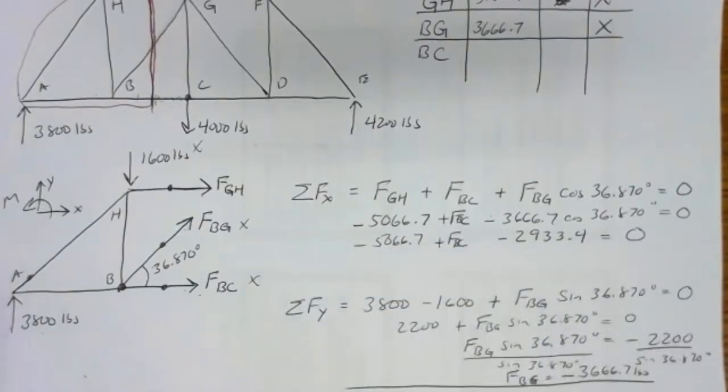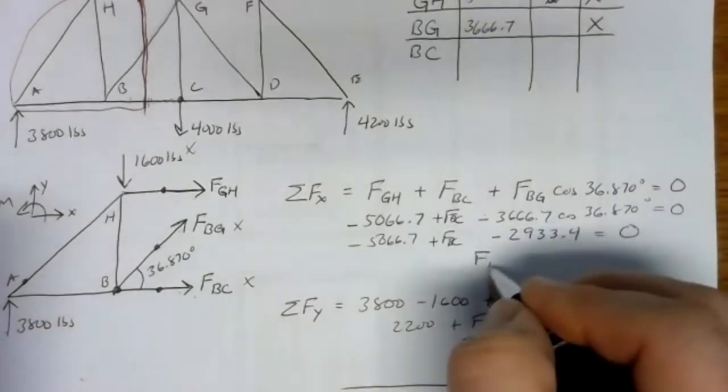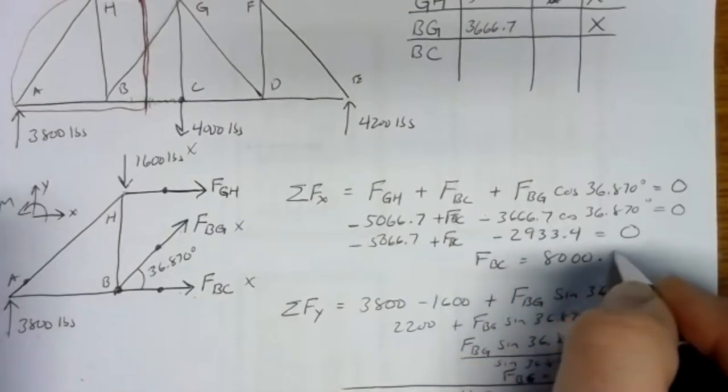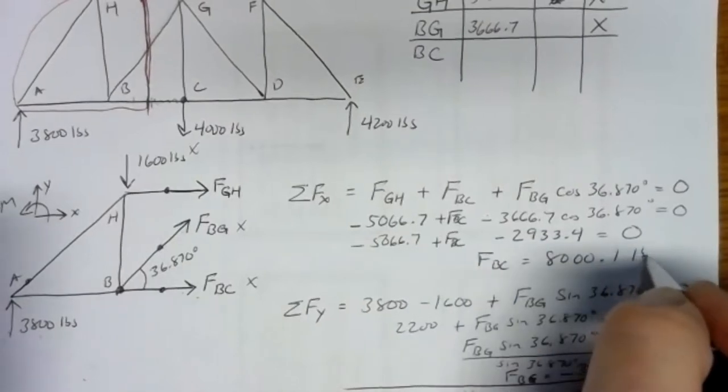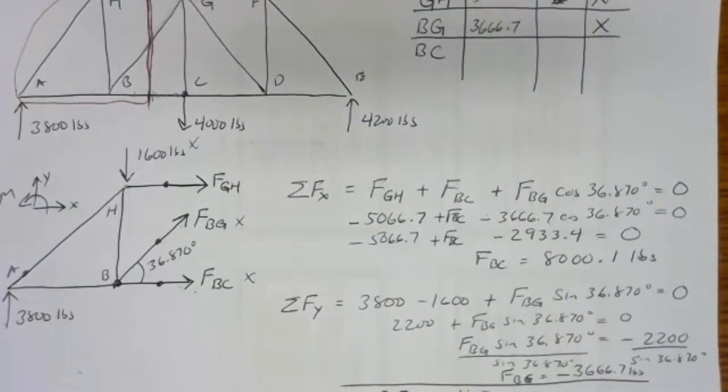So combining the numbers together and adding them to the other side, we've got 5,066.7 and 2,933.4. That gives us FBC carrying 8,000.1 pounds. Now that one came out positive.